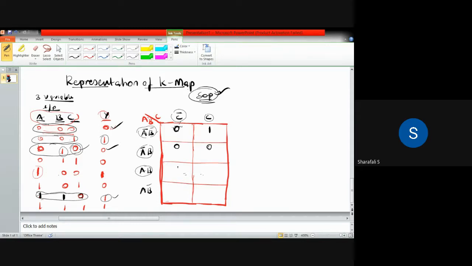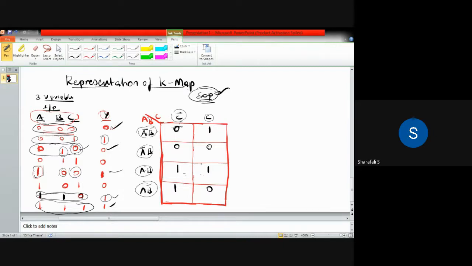Similarly A B C comes last, and that is also 1, so I will write 1 here. Then we have A, B bar, C bar, that is also 1. So this is how we represent the output in the K-map from the truth table.